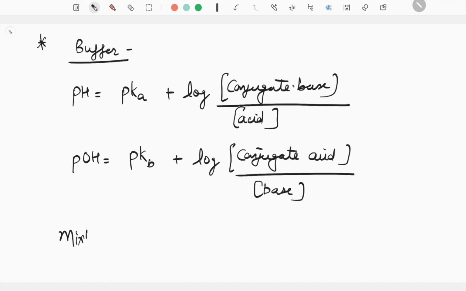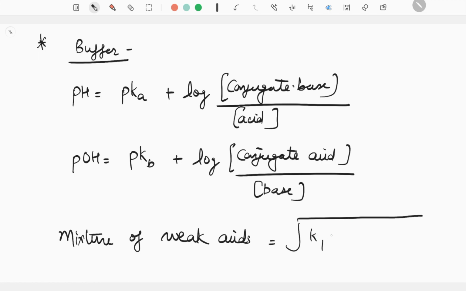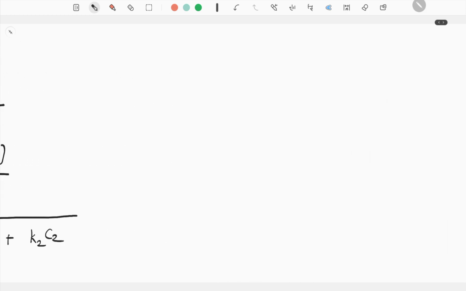And for a mixture of weak acids, H positive is equal to under root K1 C1 plus K2 C2.